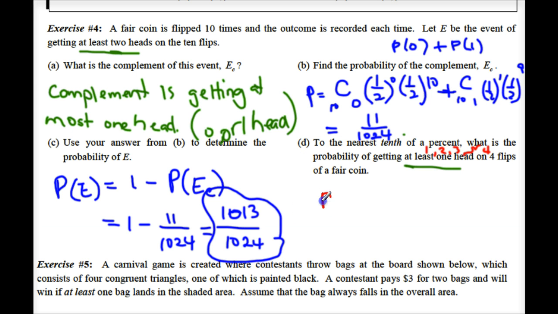So the probability of at least one head is going to equal 1 take away the probability of getting no heads. You can also do the probability of 1 head plus the probability of 2 heads plus the probability of 3 heads plus the probability of 4 heads, but this is way easier.